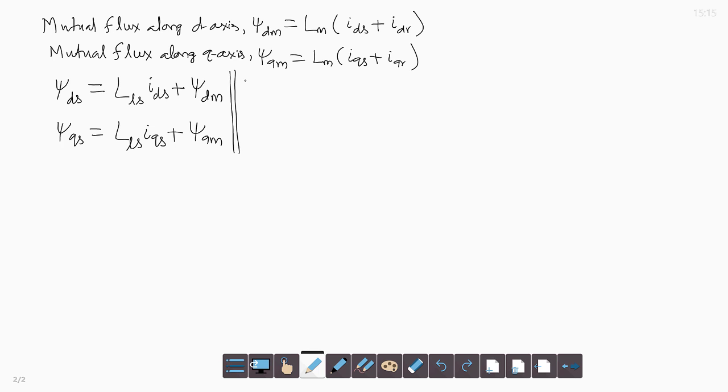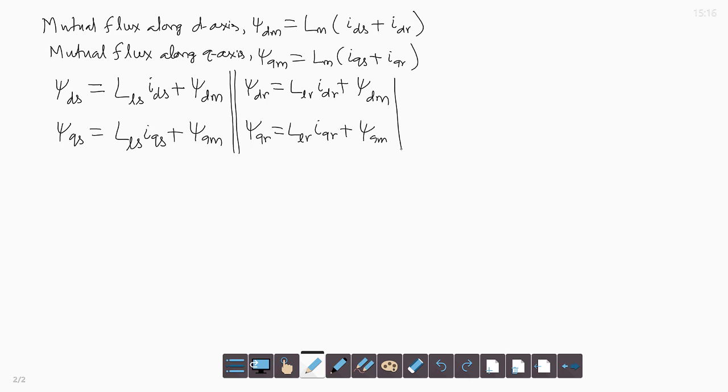Similarly, psi dr is Llr Idr plus psi dm, and psi qr is the leakage flux Llr Iqr plus psi qm. These are auxiliary equations. They can be used and they can be derived.